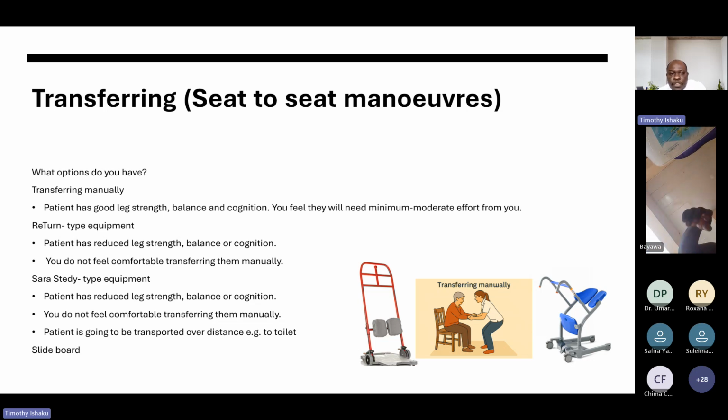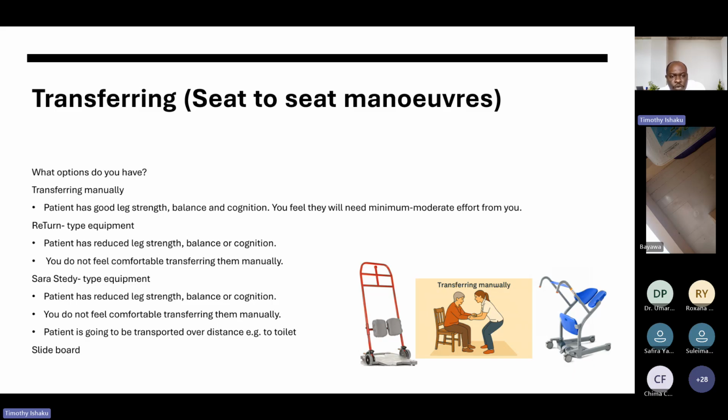The two blue bits at the top are seats for the patient's gluteal area. Once they are up, you put them back and the patient sits down. Then you can move the patient from the bed to the chair, or from the chair to the bed.